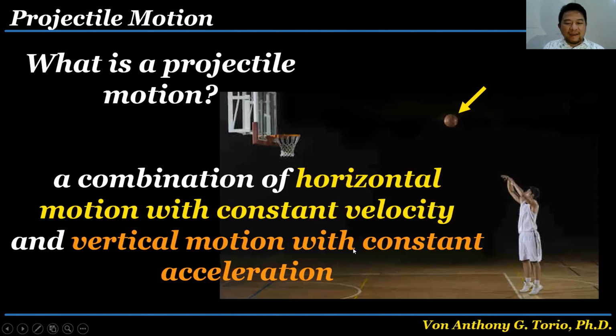And when you say that the vertical motion has constant acceleration, that means there is a constant rate of change of the velocity. That rate of change of the velocity is associated with the pull of gravity, making the acceleration due to gravity for Earth approximately 10 meters per second squared, or in some references, 9.81 meters per second squared.